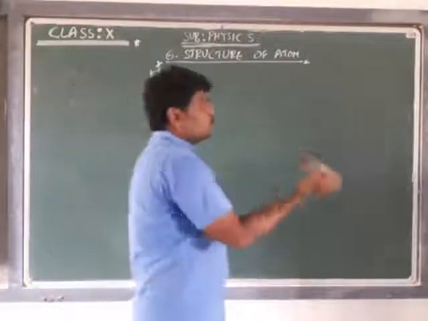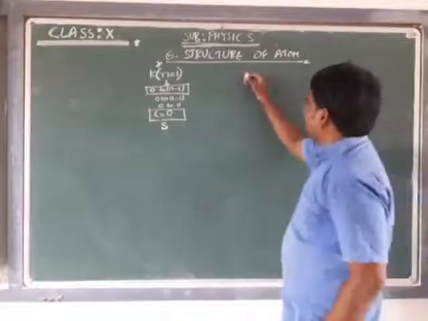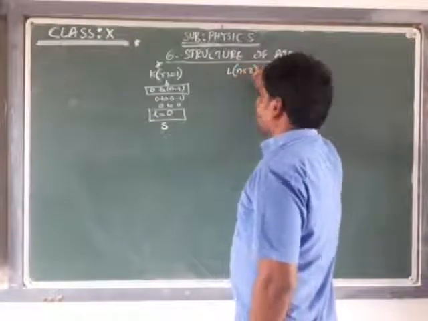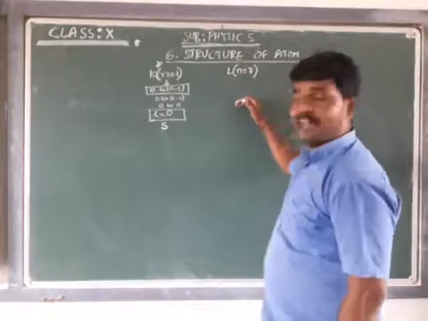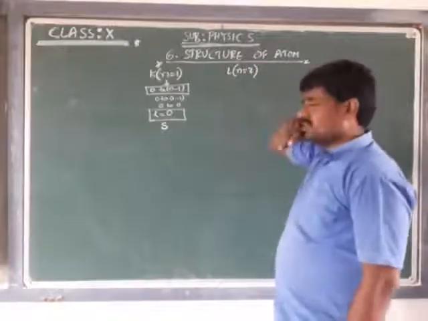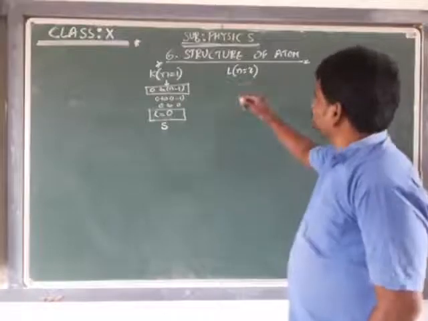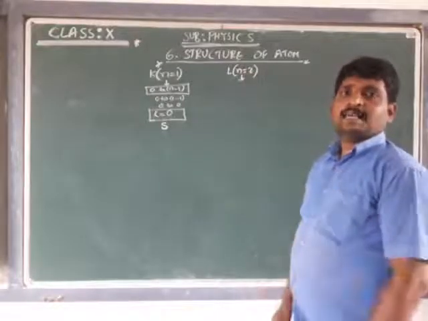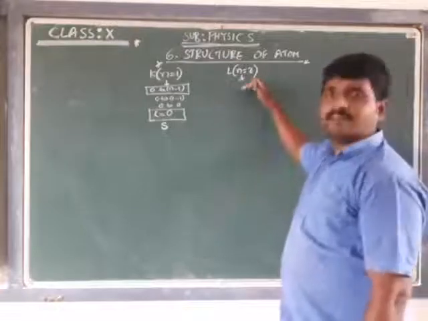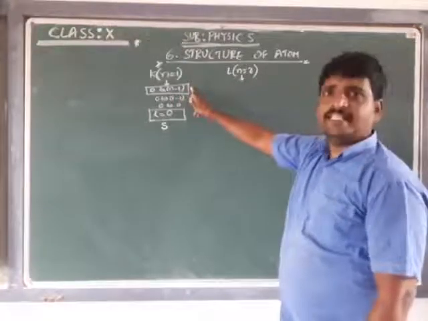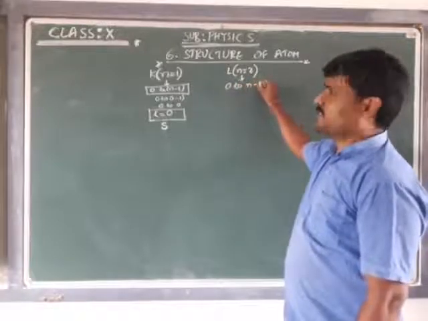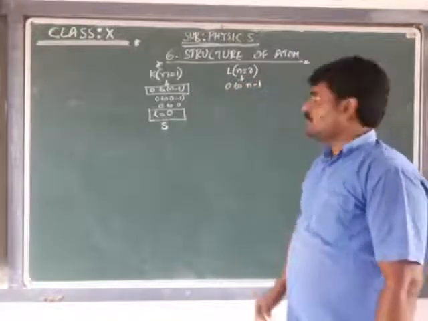Suppose n is equal to 2, that is the L shell. Keep in mind, very important discussion. This is a review of the last video for those who didn't go through it. Now I want to know how many subshells are present. To know that, again we use the range formula, 0 to n minus 1.